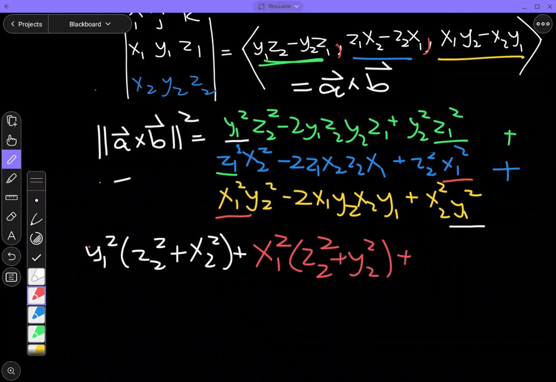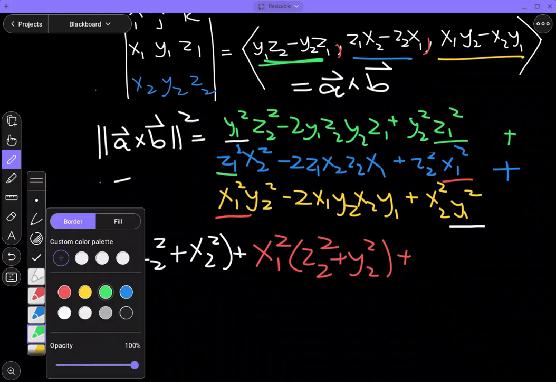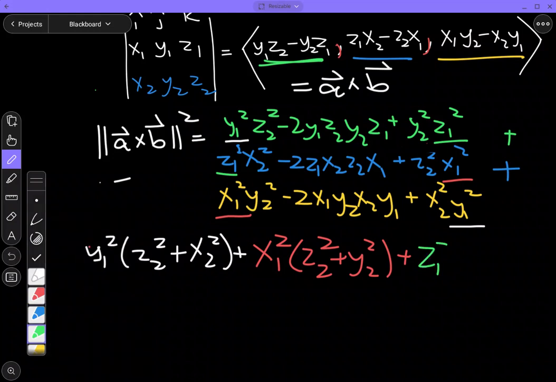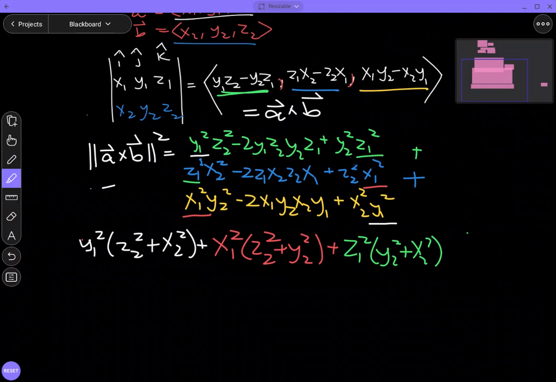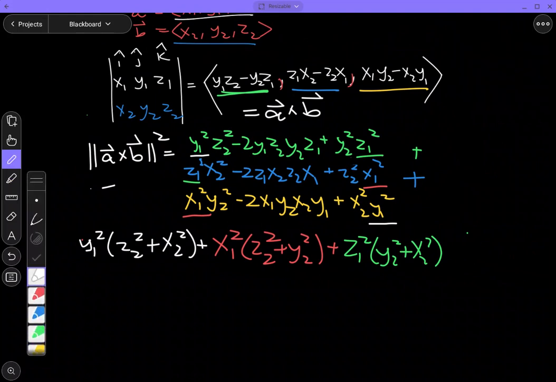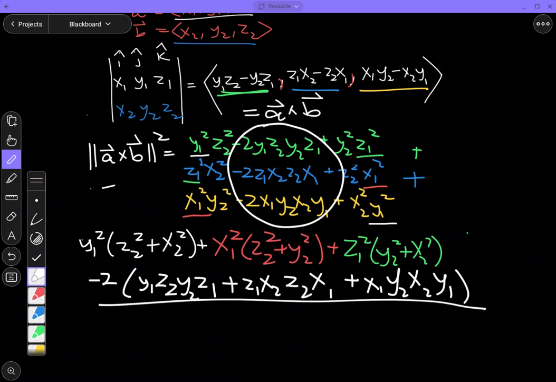And now for this final part in green, we'll factor out z1 squared. We have y2 squared plus x2 squared. And now we need to add all these terms in the middle, which we can actually factor out a -2. So that's what it looks like with the -2 factored out.